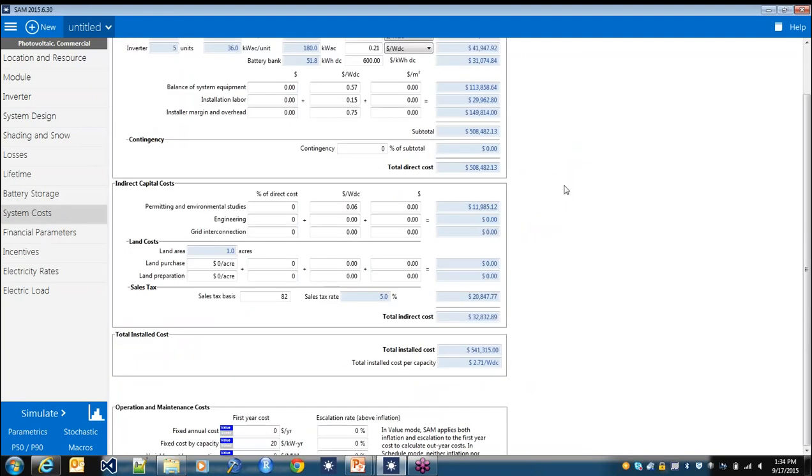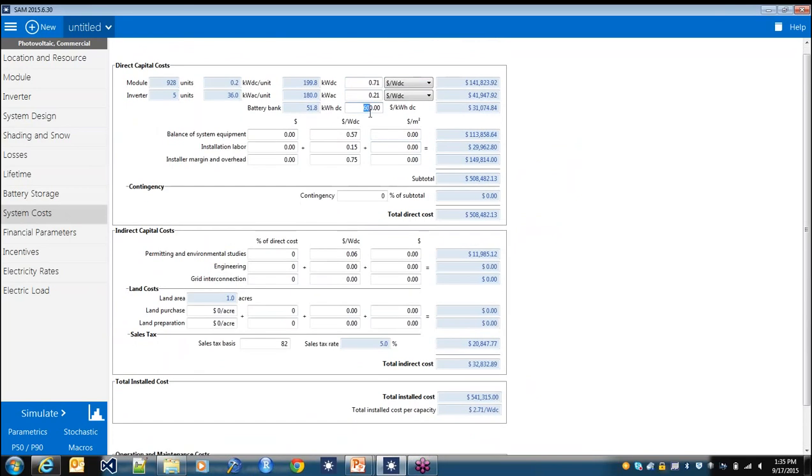Real quick, we'll take a look at the system costs page. We'll leave everything alone except, again, I said we're going to assume a very optimistic price of $300 per kilowatt hour. Just to give you some perspective on that, the Tesla Powerwall was recently announced, a 7 kilowatt hour daily cycle battery listed for $3,000.